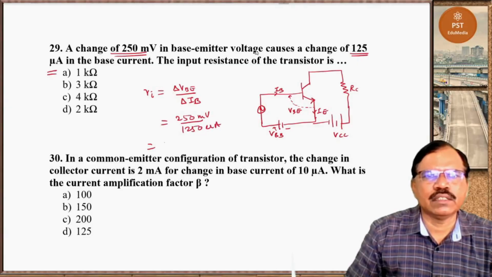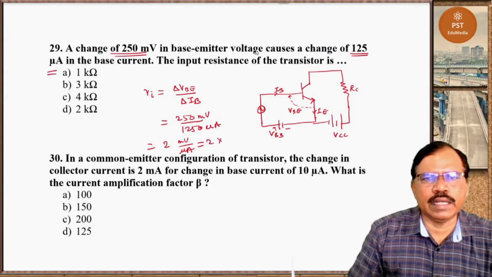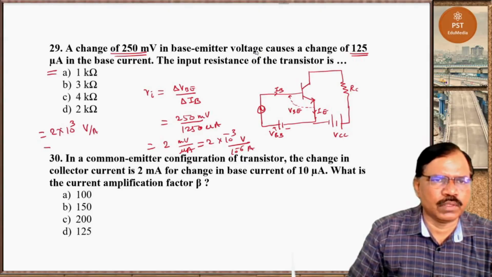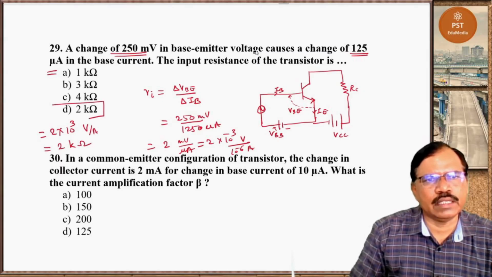So here we get 2 millivolt upon microampere. So 2 into 10 raised to minus 3 volt upon 10 raised to minus 6 ampere. So we get 2 into 10 raised to 3 volt per ampere, that is ohm. So it is 2 kilo ohm.